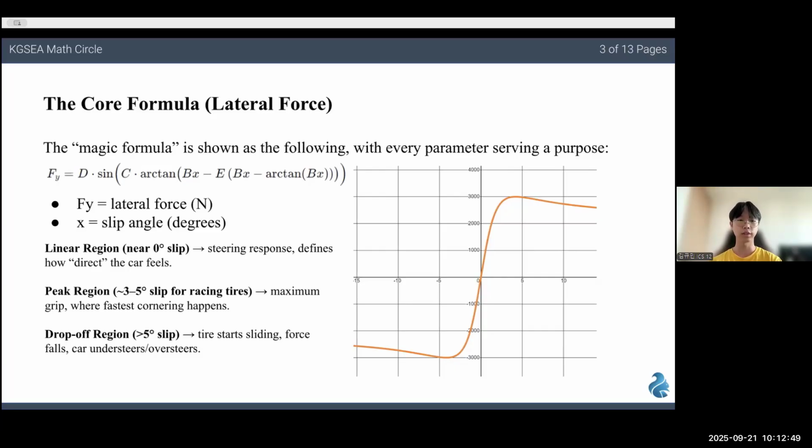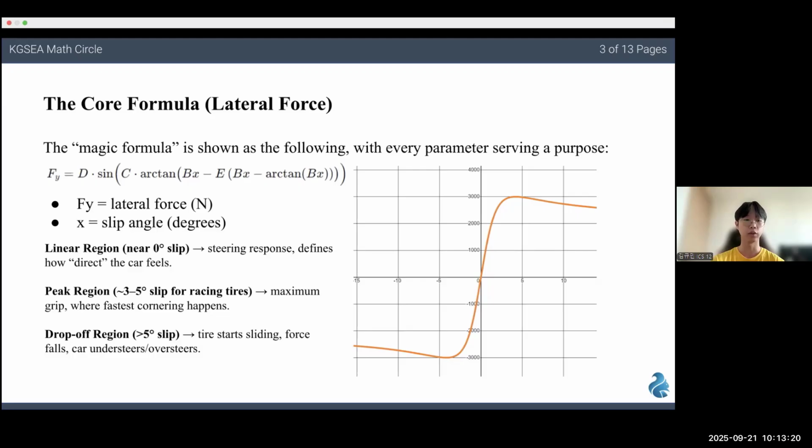Some interesting characteristics: near 0 degrees of slip angle, between 0 and 2.5, we call it the linear region, where steering response defines how direct the car feels. When the slip angle increases, even a slight increase in the angle results in a large increase in the turning force.